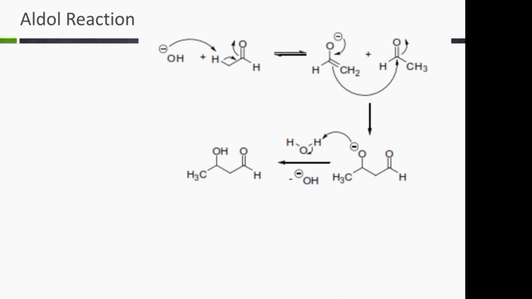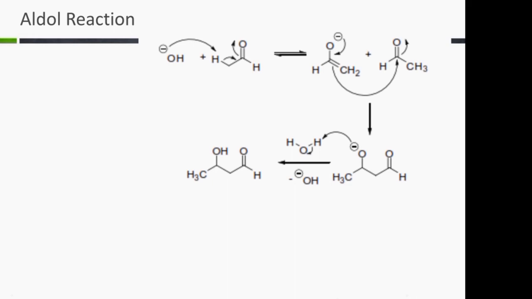The enolate thus formed will react with an acetaldehyde molecule, which is not enolized, to form an alkoxide. This alkoxide will be protonated by the water which was initially formed in the first step. The product of this step is the compound which contains an aldehyde, so ald, as well as the hydroxyl group, so ol.